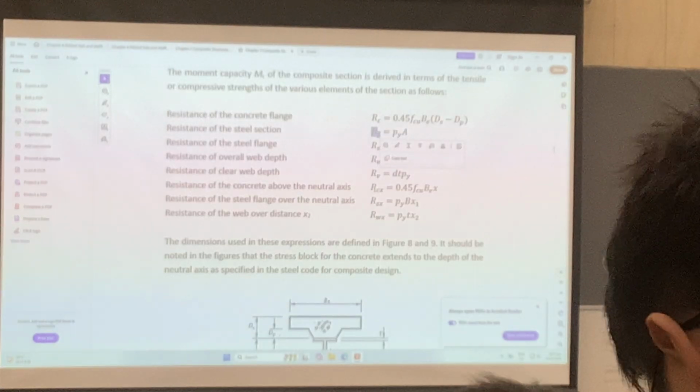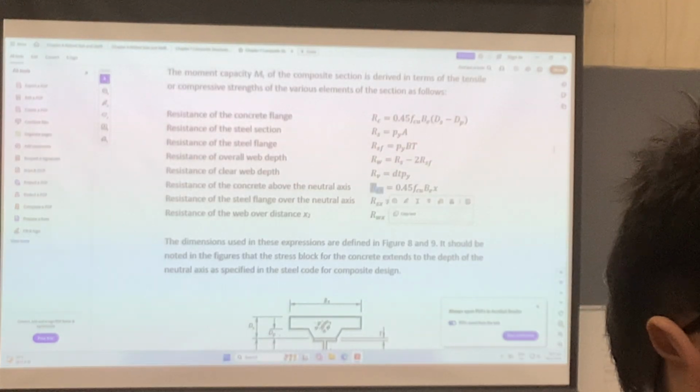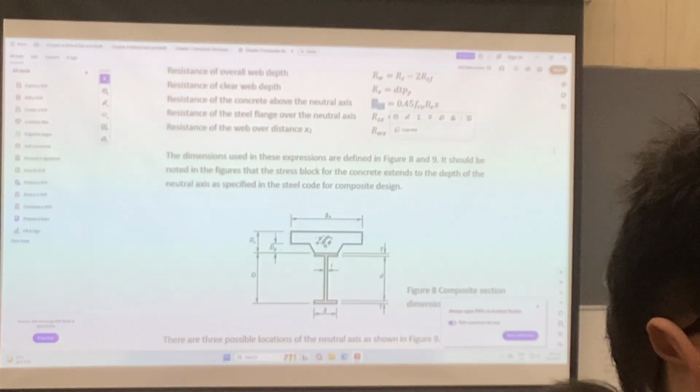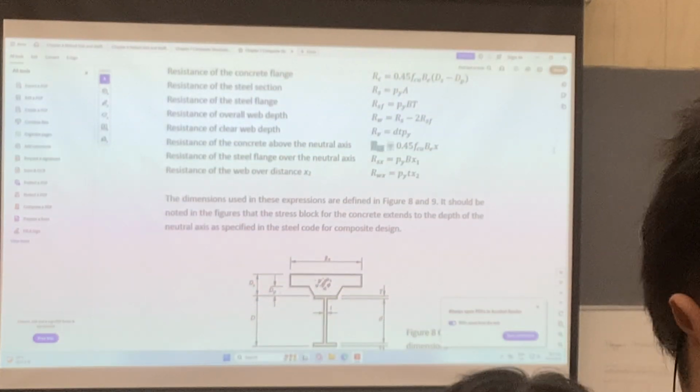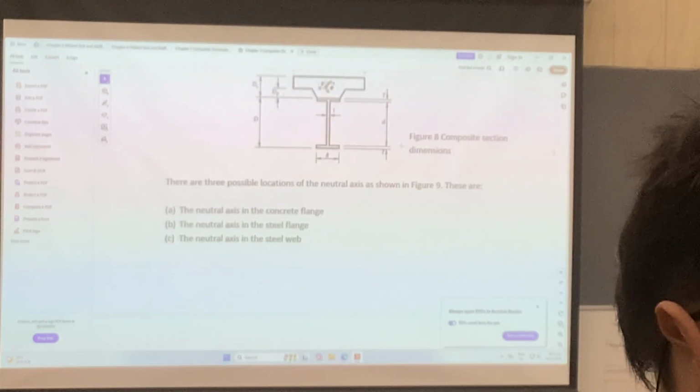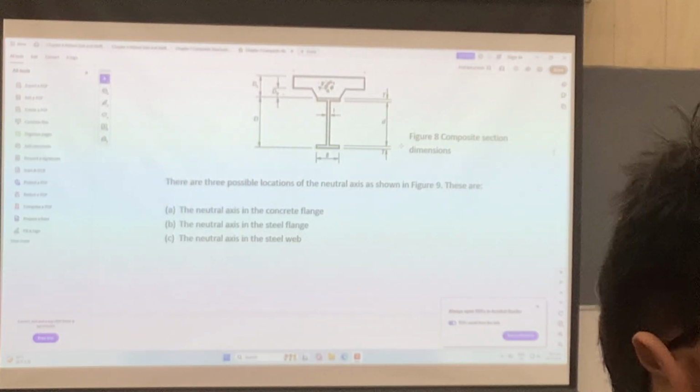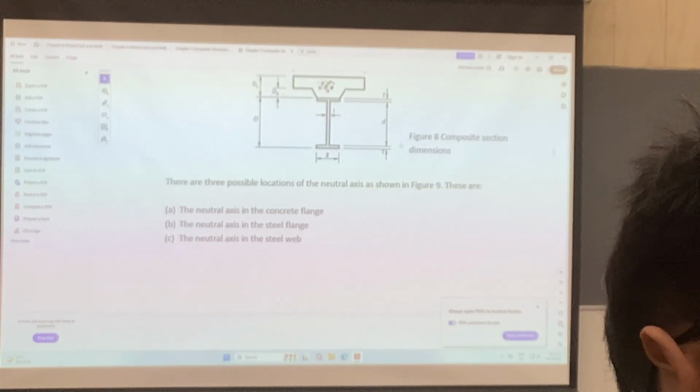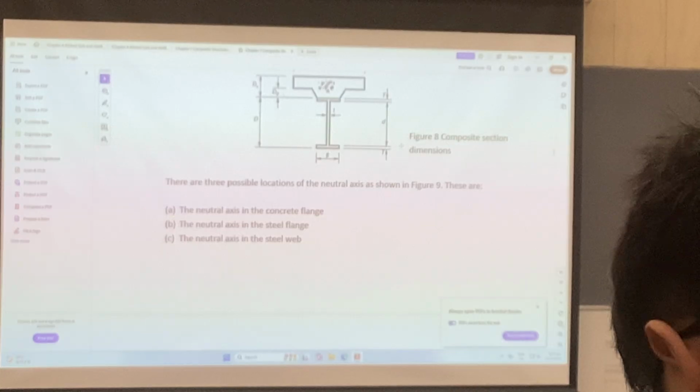Okay. RCX is actually the concrete force, and if the neutral axis is equal to X, then I have the concrete compression forces here. Now, for the case, actually I will derive it in 3 different scenarios. One is the neutral axis in the concrete flange.